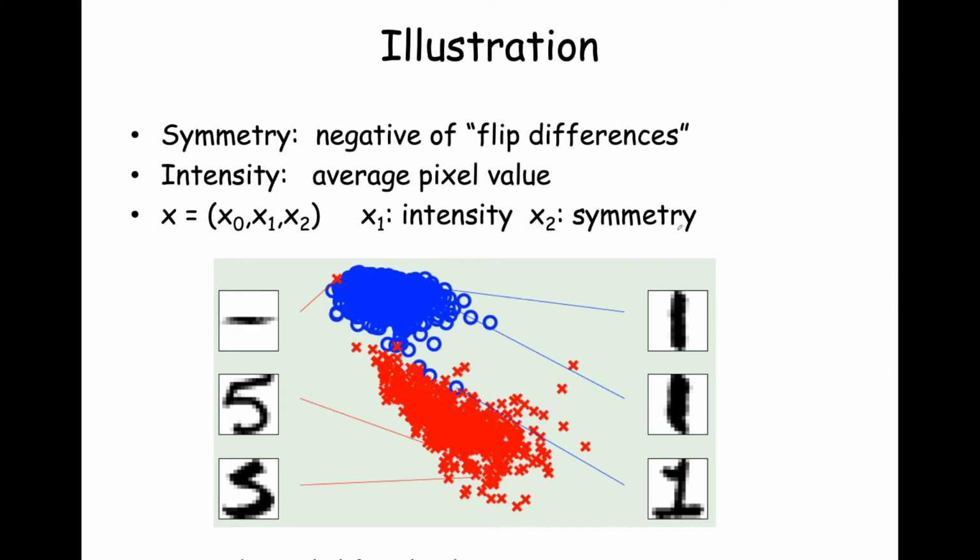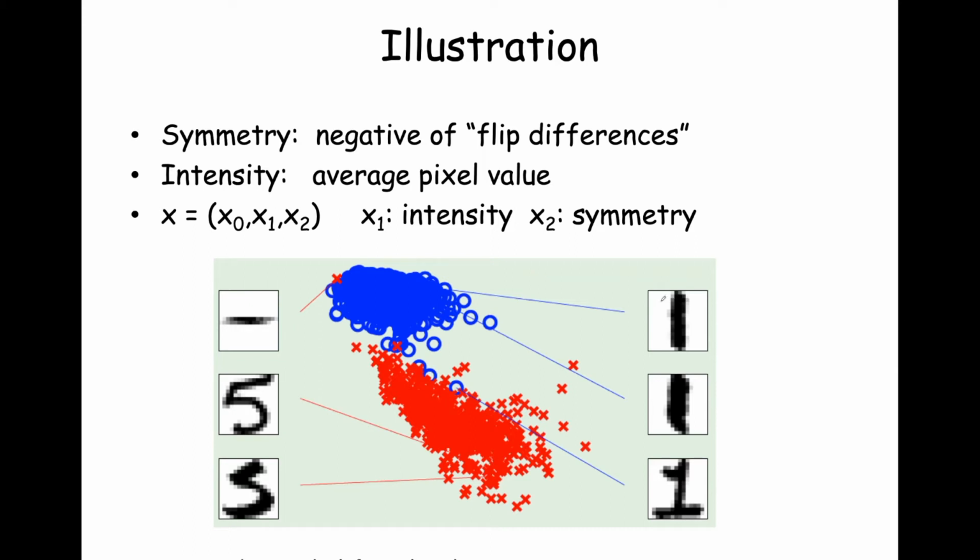Then we add up those differences and compute the negative, so that those that are less symmetric will be more negative, and those that are more symmetric will be less negative, closer to 0. This is one method we can use for calculating the symmetry, which boils down the symmetry about the center vertical axis for each digit image to a single scalar value.